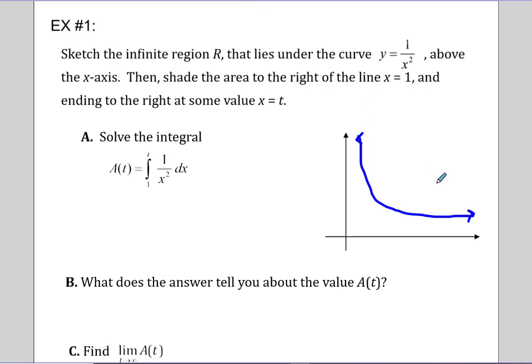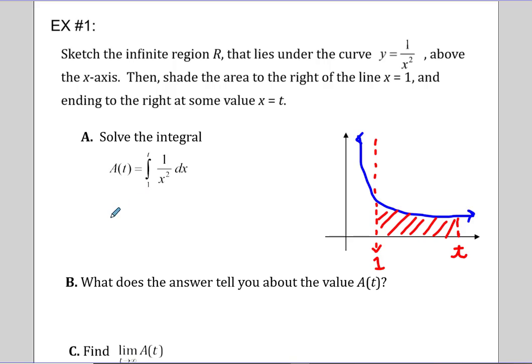What we want to consider is, if 1 is our lower bound, right here, we want to know the area under the curve all the way out to infinity. To get us started, let's consider the area up to some value, we'll call that value t.